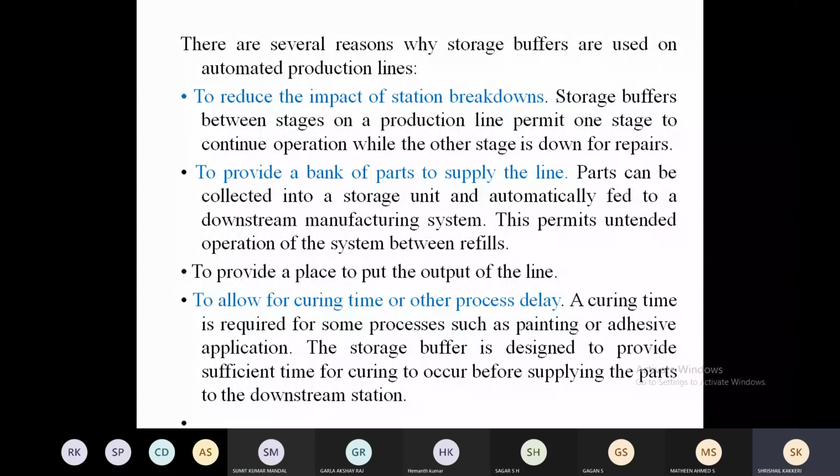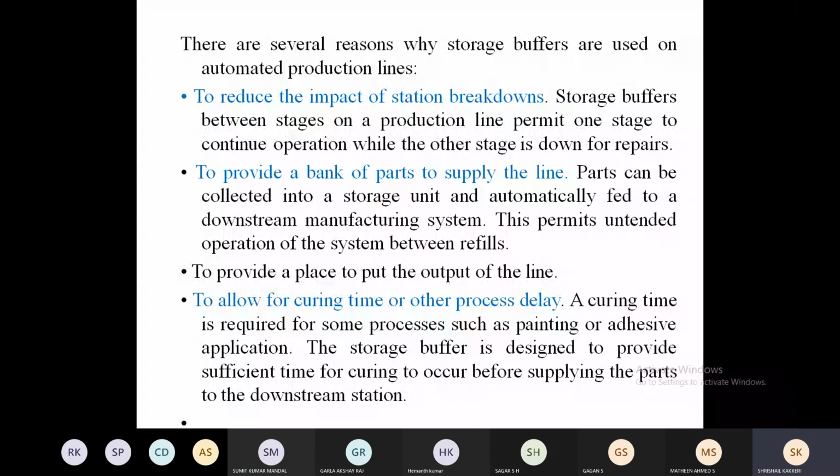So in this case, it will simply be let into the storage buffer, and again it will be taken downstream and upstream, that means onto the conveyor automatically. By the time it takes the rotation, some amount of time will be consumed, so that it becomes the curing time.